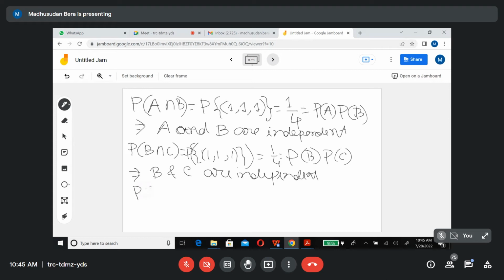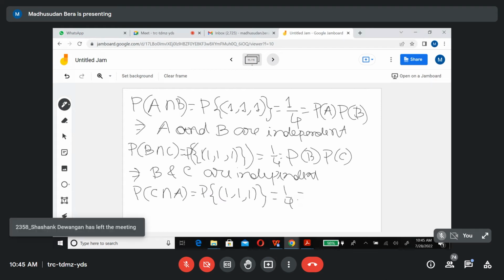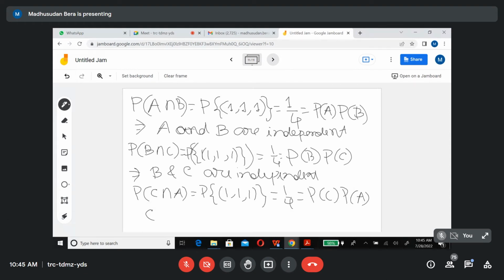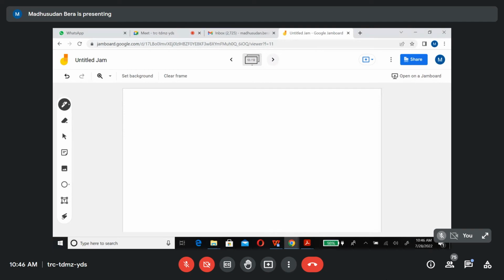What is C intersection A? That is also 1 1 1. 1 by 4 equals PC into PA. So C and A are independent. What about ABC?